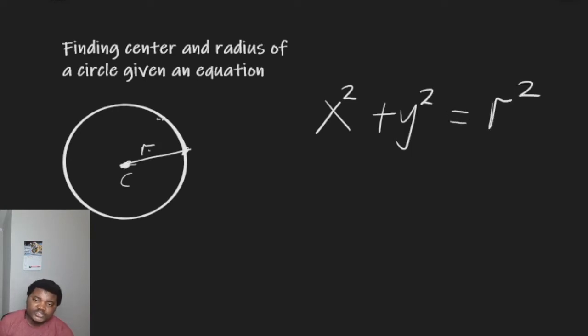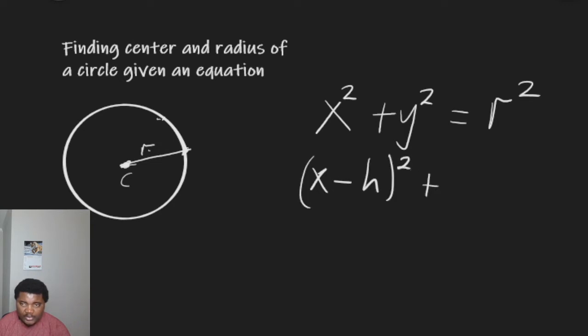This is the equation of a circle, or (x minus h) squared plus (y minus k) squared is equal to r squared.